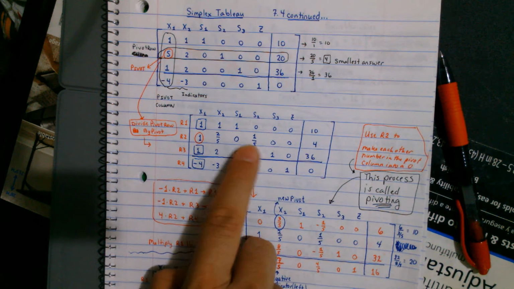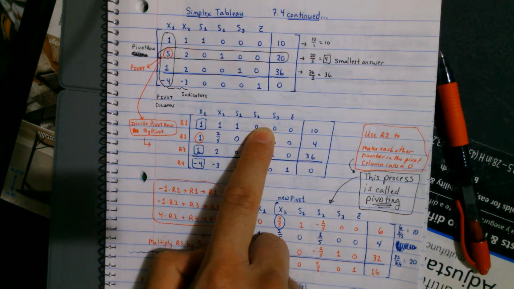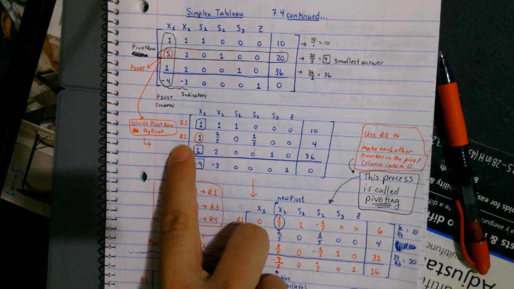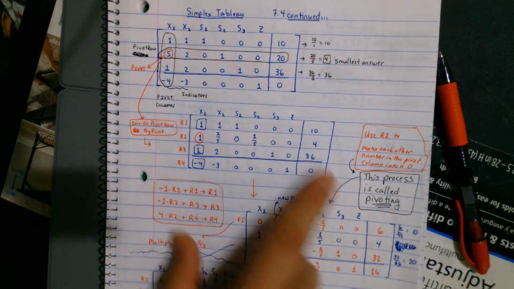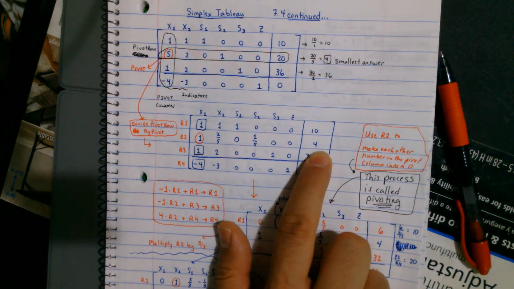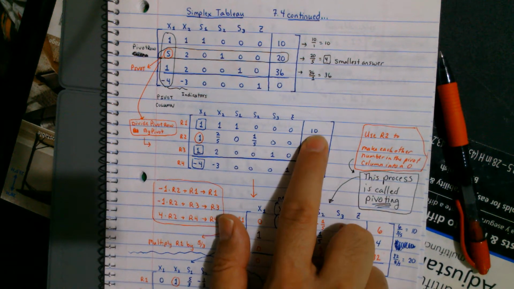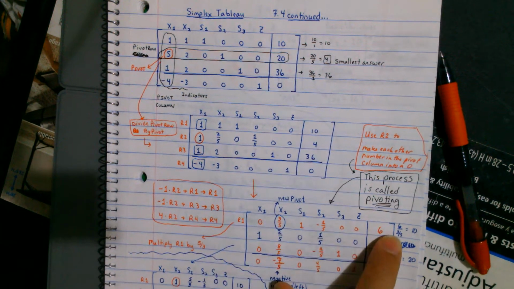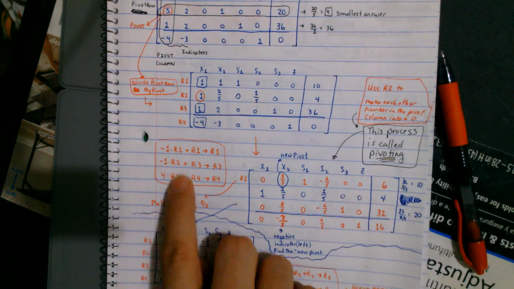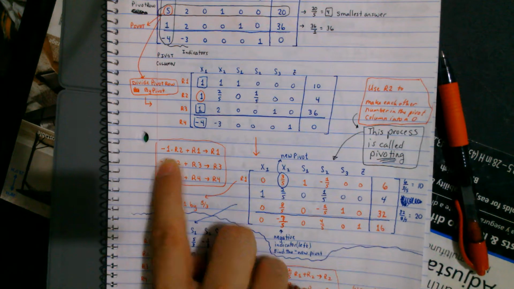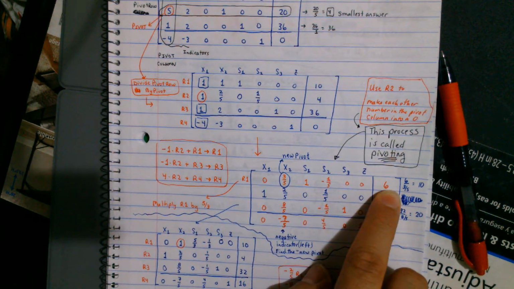And so on. -1 times 0 is 0, plus 0 is 0 again. -1 times 0 is 0, plus another 0 is 0. -1 times 4 is -4. Plus 10 is +6. That goes in the first row. So this first thing that I did here resulted in these answers in red.